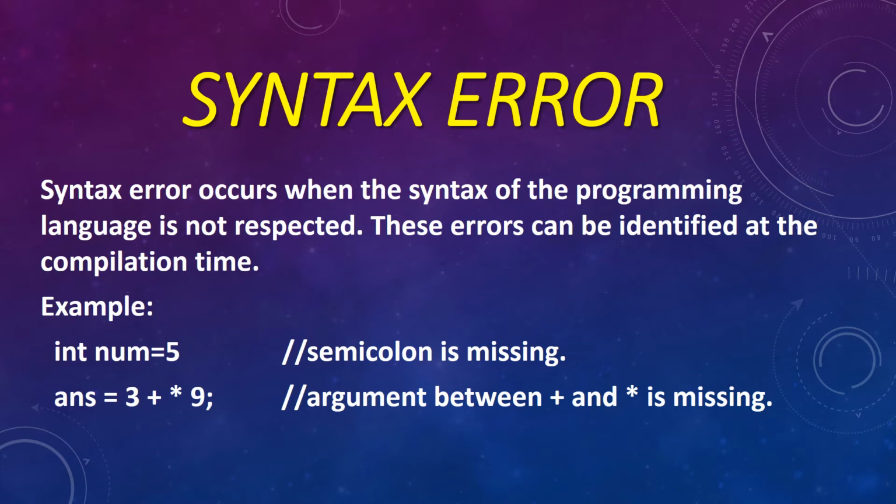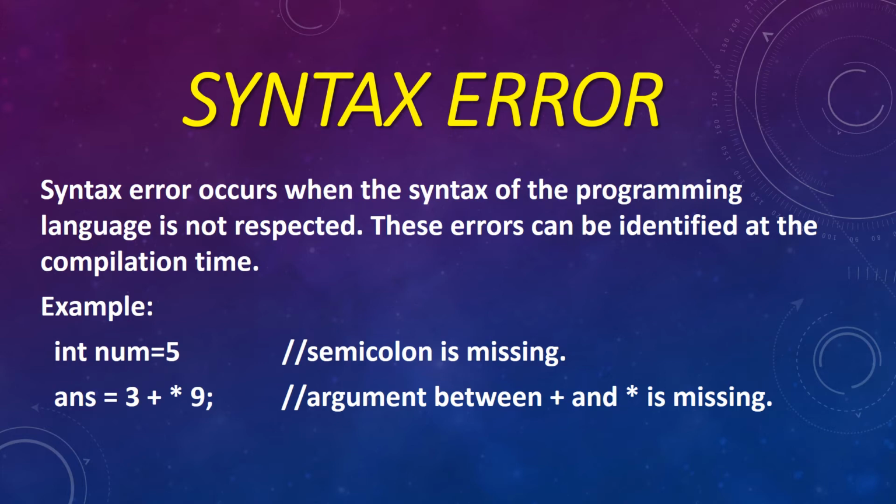For example, this is my first example: int num equal to 5. You can see here the semicolon is missing. You know that in Java each and every statement ends with a semicolon. Here the semicolon is missing, so the compiler will show a syntax error.